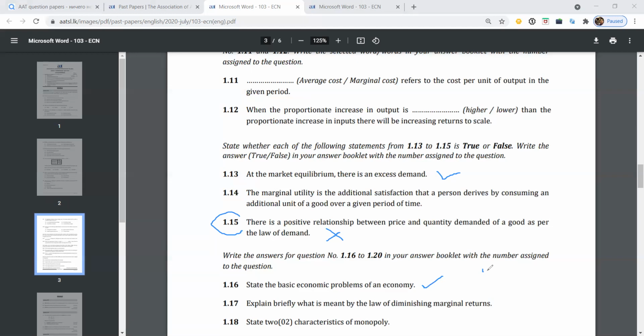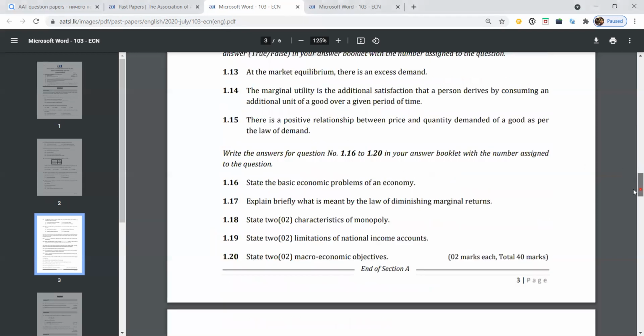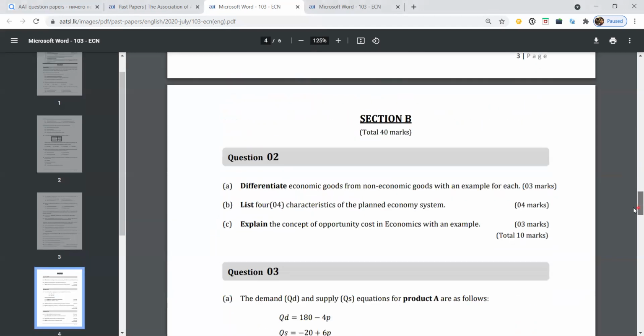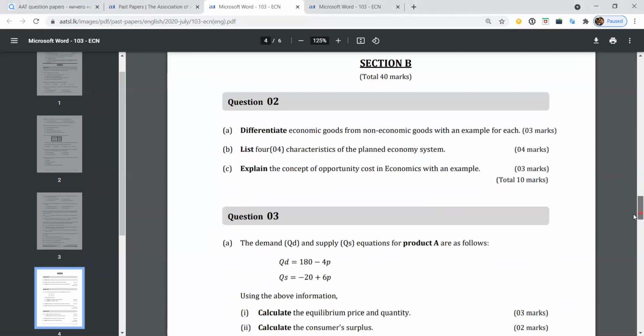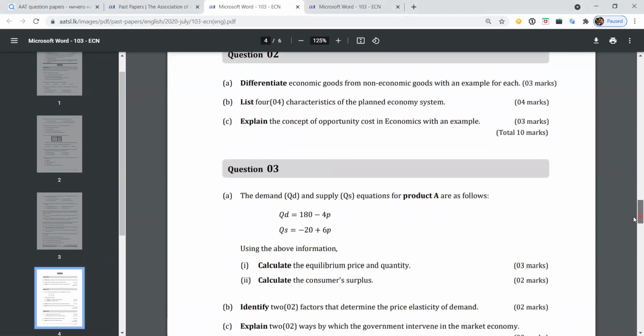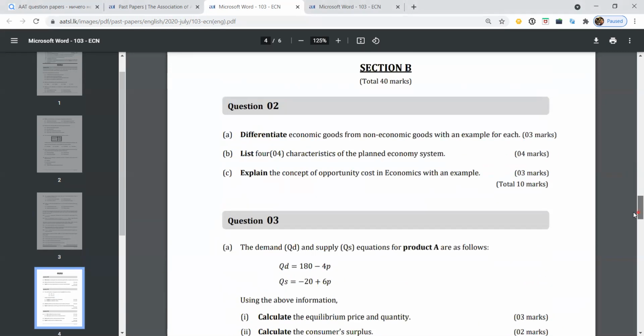Those are the basic economic problems. The fundamental economic problem is scarcity. That was the second question.